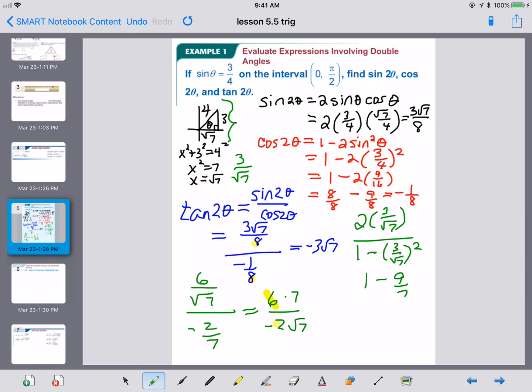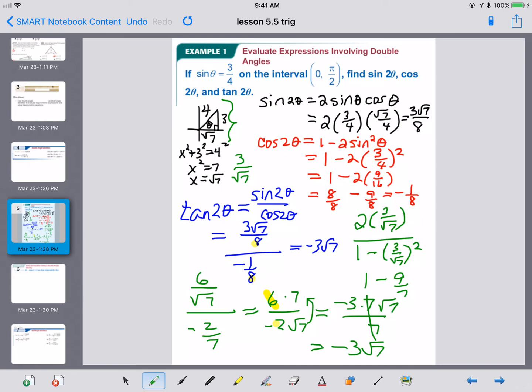When you rationalize, okay, so we'd get negative 3. We'd have a 7 up there. This would pop to the top and leave a normal 7 behind. The 7's would cancel. We'd get negative 3 radical 7. Do you see how that formula is almost grosser than just doing sine of 2 theta over cosine of 2 theta?